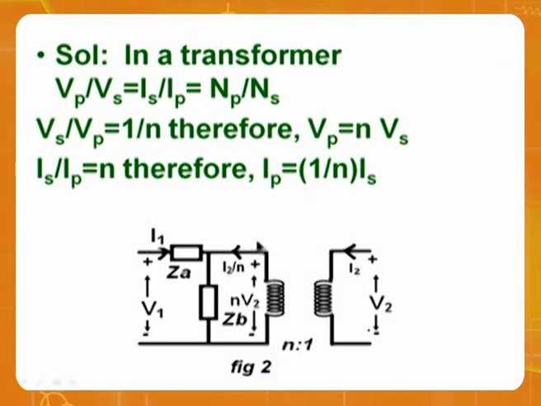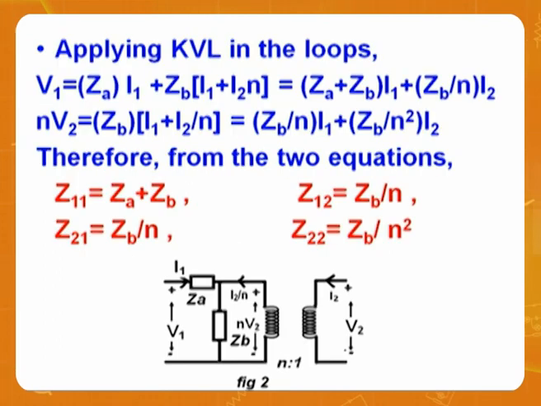Look at the equation I am going to solve. I am going to replace this transformer I2 by N, N V2. Now I will take the equation for loop 1, loop 2 and get the final answer. When you write the equations for I1 and I2, you will get the equation. You see there how I have written ZA and ZB, and that is equal to here.